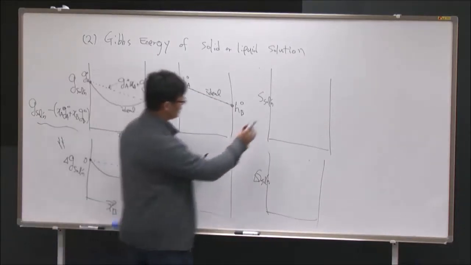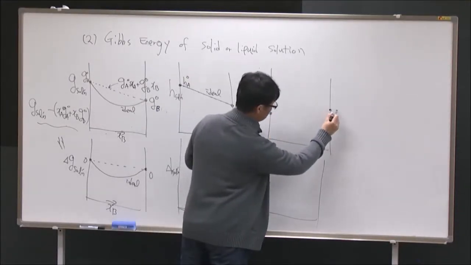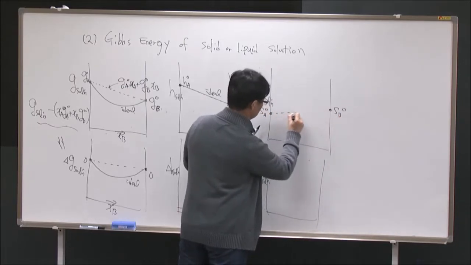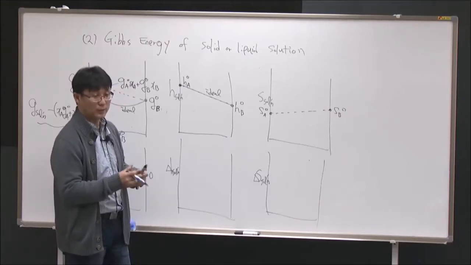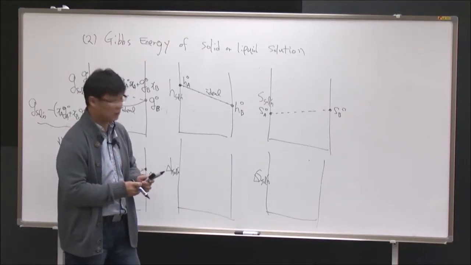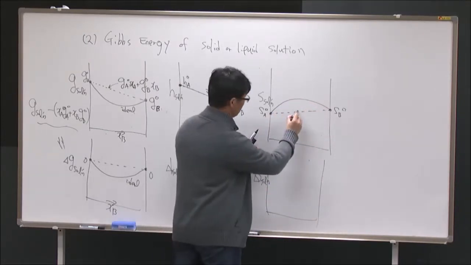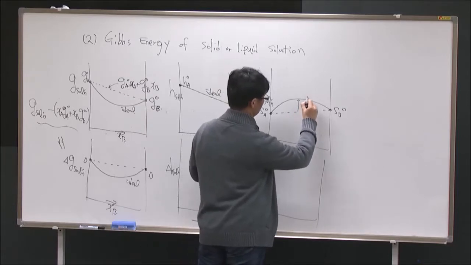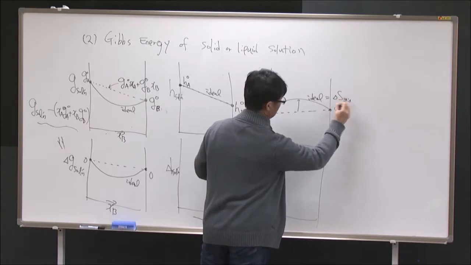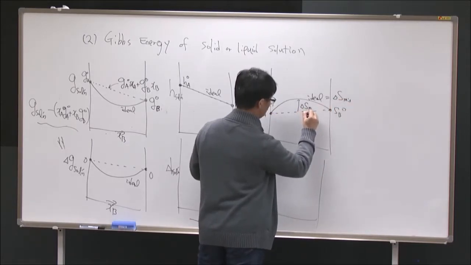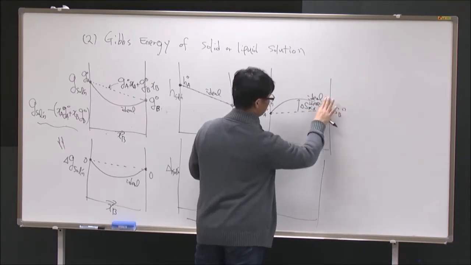And delta S of the solution. Now this is SA, and let's assume this is SB. If it's mechanical mixing, it should be like this. But because of the solution, you have the ideal entropy term generated, like this. And this is this amount.